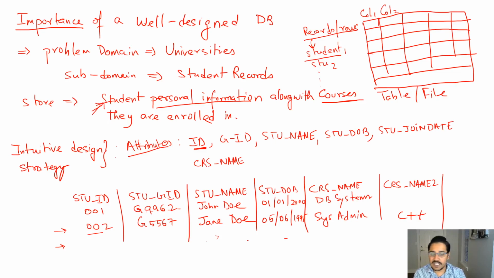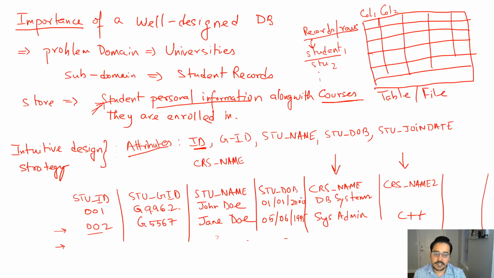So now what are the issues with this particular design strategy? The first problem is that anytime a student enrolls for a new course beyond the number of attributes already present, you have to redefine your design and add a new column to it.